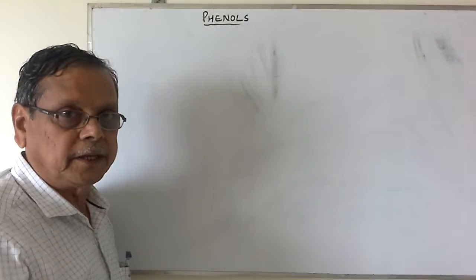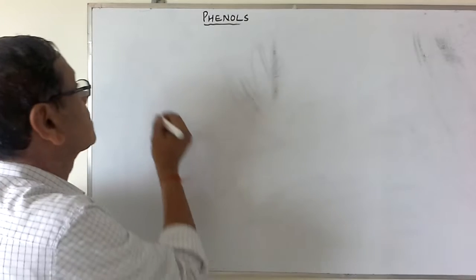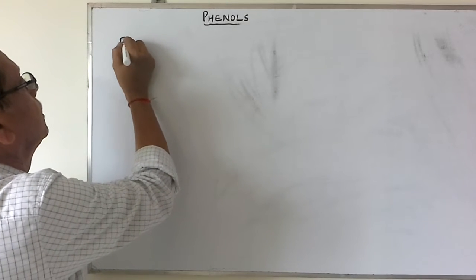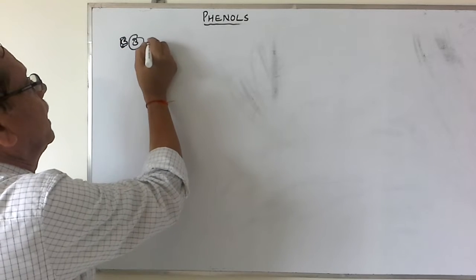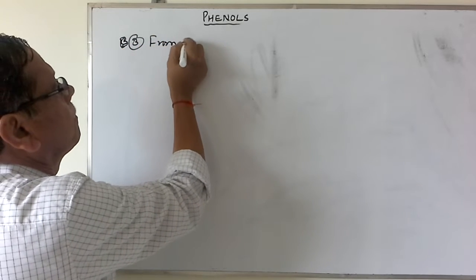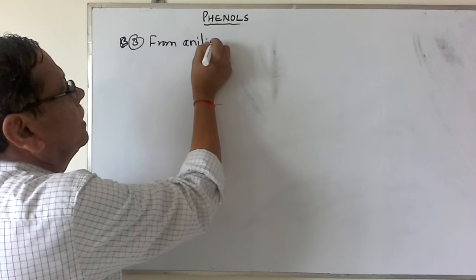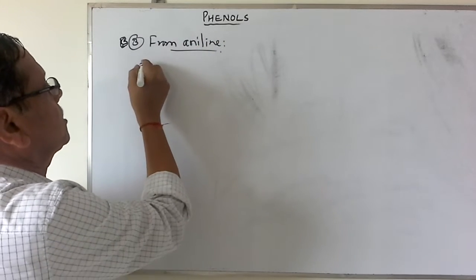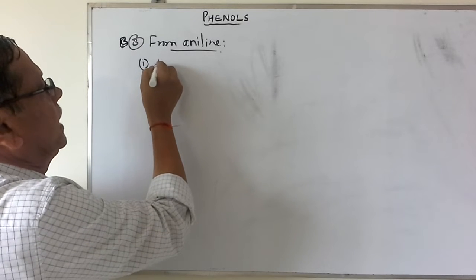The other method for the preparation of phenols starts from aniline. Aniline is a primary aromatic amine. So the first step consists of diazotization.